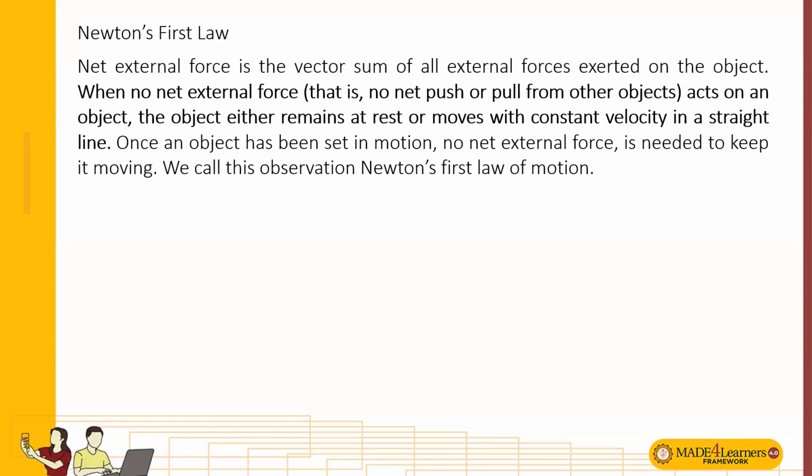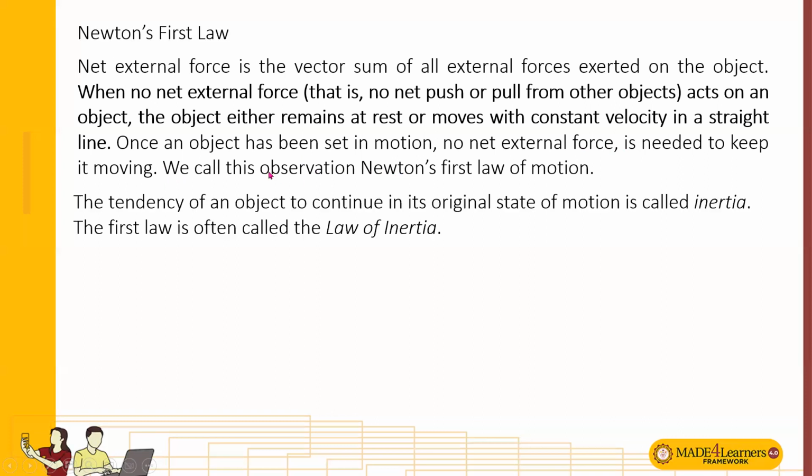There will be acceleration or deceleration depending on the motion. Once the object has been set in motion, no net external force is needed to keep it moving. For the constant velocity condition, we call this observation Newton's first law of motion. It's related to the inertia of an object.